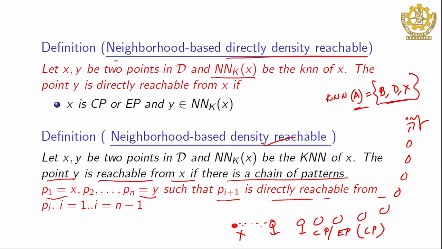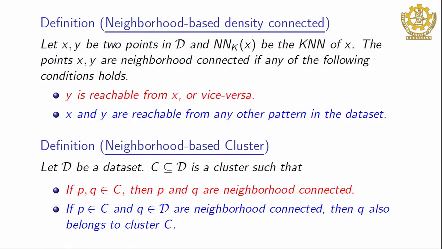Similarly, we learned density connected, here in terms of the neighborhood. So, two points, let us say x and y, are density connected if there is a point z such that y is density reachable from z and x is density reachable from z.